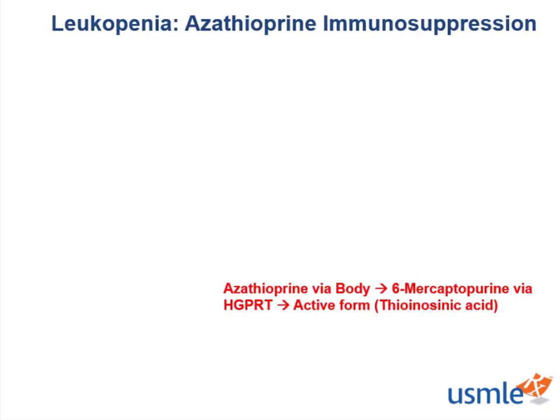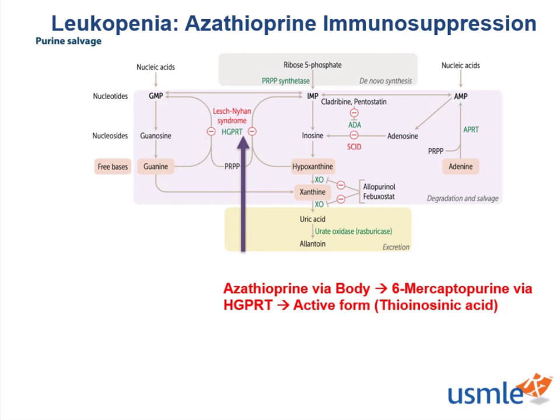Keep in mind that azathioprine is converted by the body into 6-mercaptopurine. 6-mercaptopurine is converted by HGPRT into its active form thioinosinic acid, which inhibits multiple steps in purine metabolism, especially in purine salvage pathways pictured here.